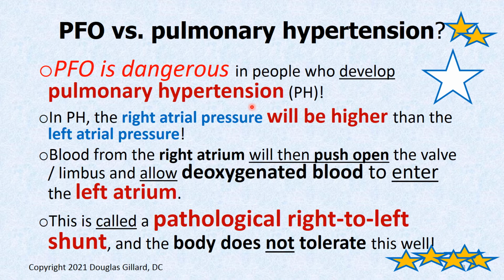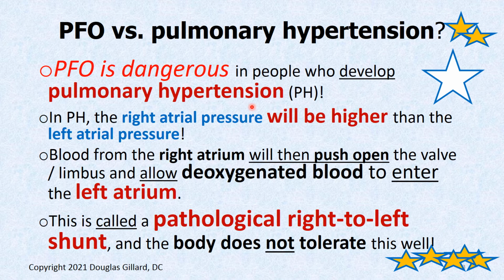As the condition worsens, eventually the pressure in the right atrium will be higher than the pressure in the left atrium. When that occurs, that little limbus and valve will pop open because it's not welded, and now you have a shunting of blood from the right atrium into the left atrium.